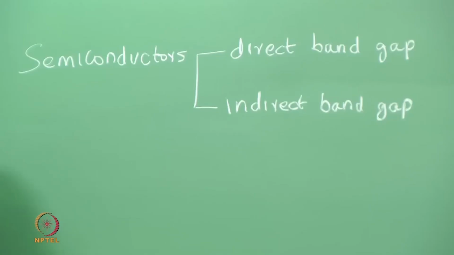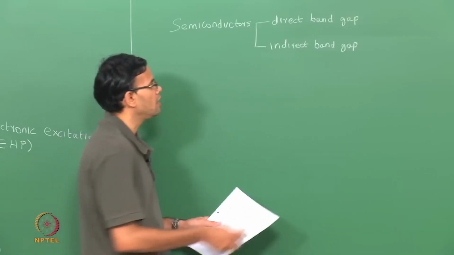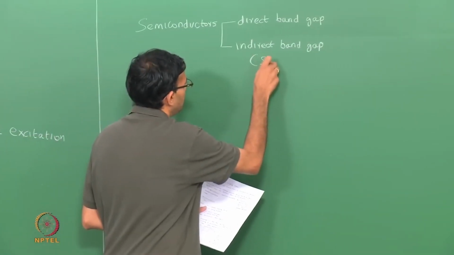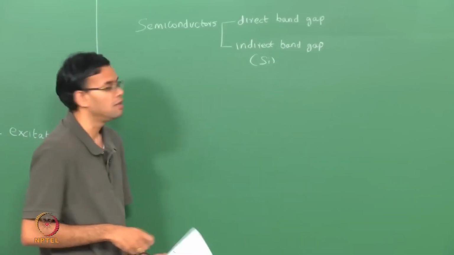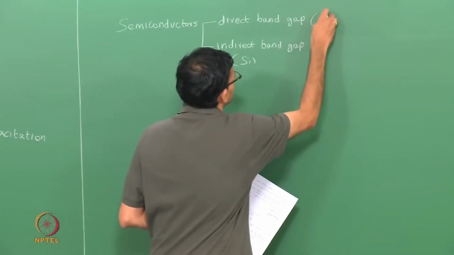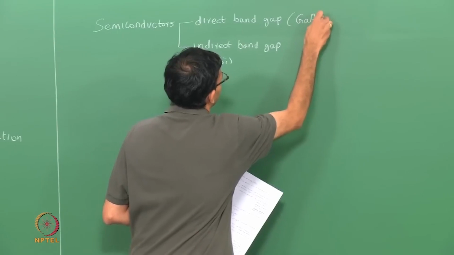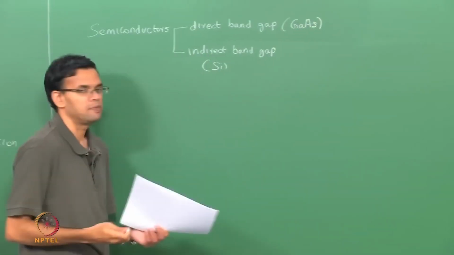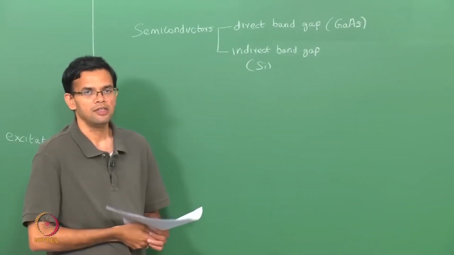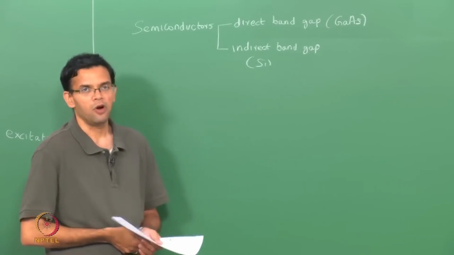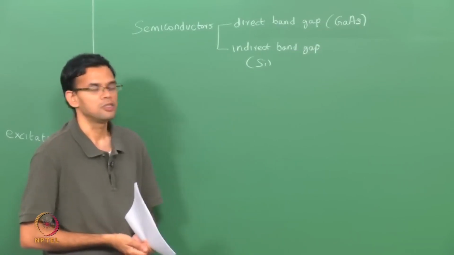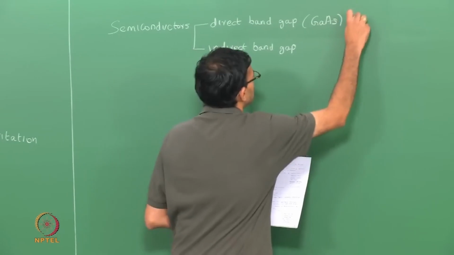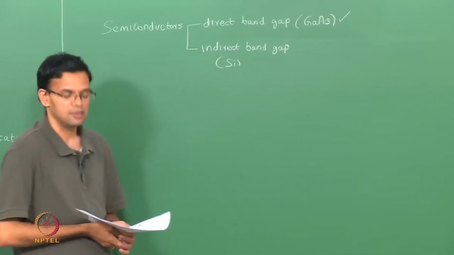In the case of an indirect band gap semiconductor, the energy is released in the form of heat. So, silicon is an example of an indirect band gap semiconductor. Gallium arsenide is an example for a direct band gap semiconductor. In the case of an LED, since we want a visible light to come out, we preferentially use direct band gap semiconductors.